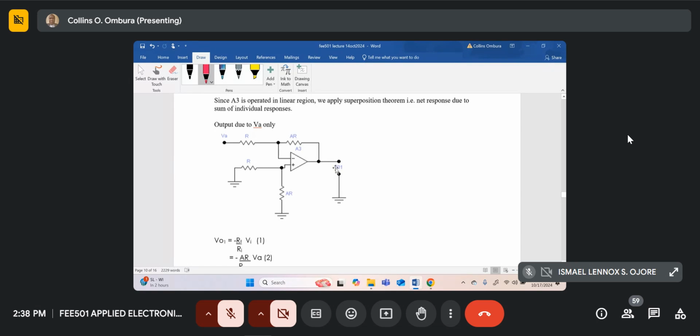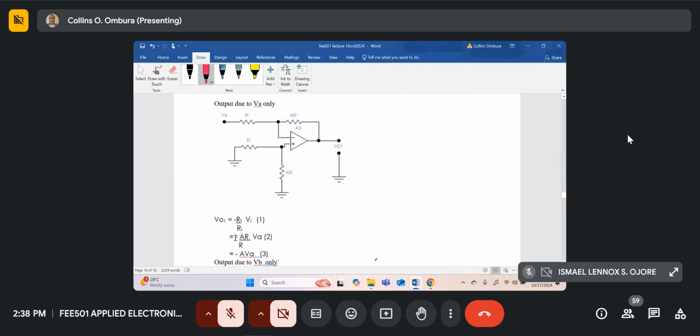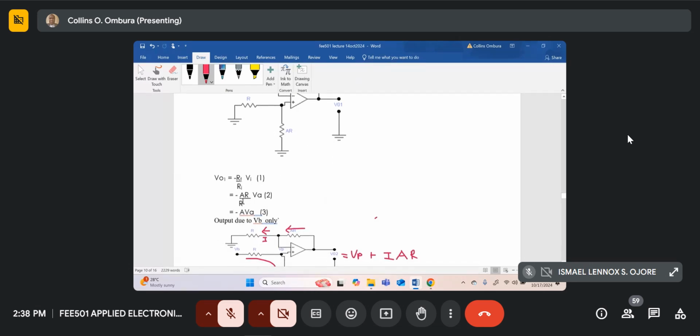The output, which I'm calling V01, which is the signal due to the first voltage VA, will just be given by V01 equal to minus RF divided by RI, in general, for an inverting amplifier. But RF is AR, our feedback resistance, and our input resistance RI is R. So this R and R cancel, and you just get minus A into VA.